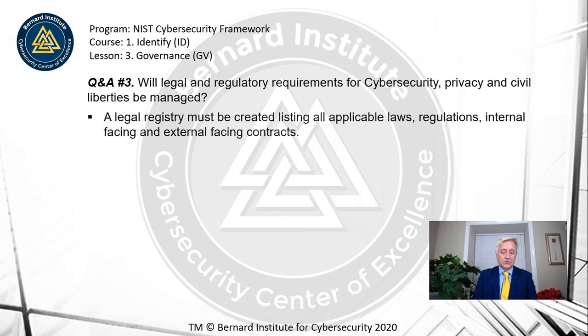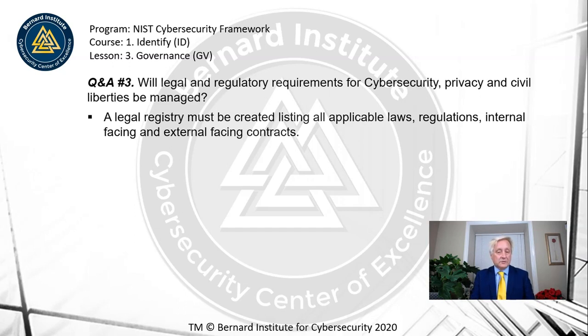A legal registry must be created, listing all the applicable laws and regulations, internal facing and external facing. For example, a law would be the corporate incorporation law. A lot of companies in the U.S. get incorporated in the state of Virginia for some reason. In the state of Virginia, they have an incorporation law, and all the businesses registered there need to follow that law.